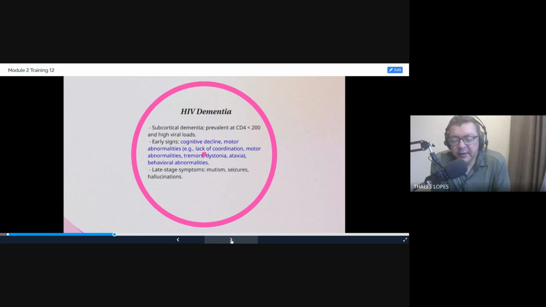So if you suspect it is HIV or you know the HIV, now you do not want to give any medications for dementia. At this point, you want to give antiviral medication.